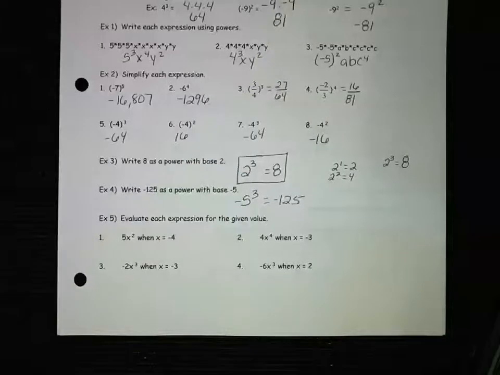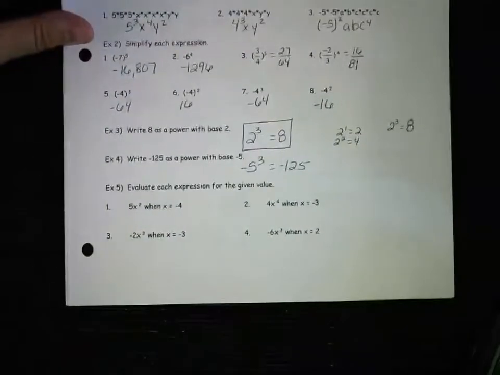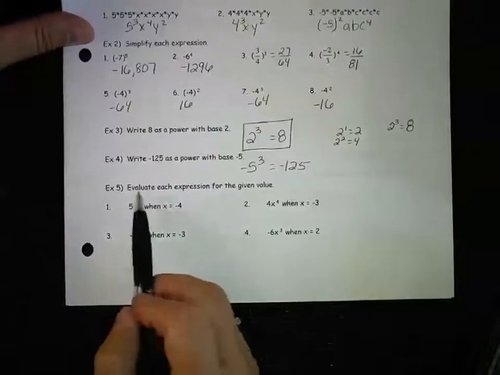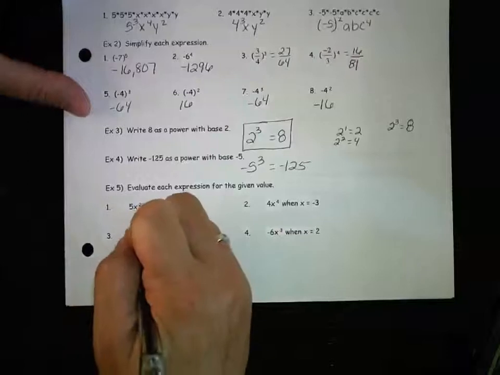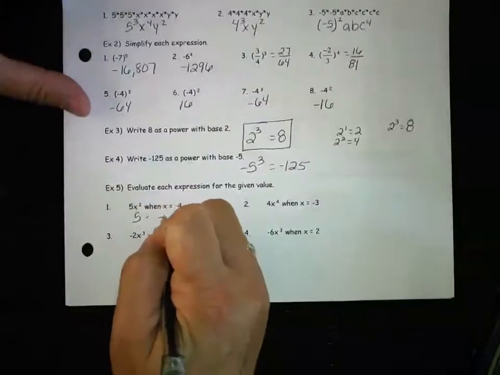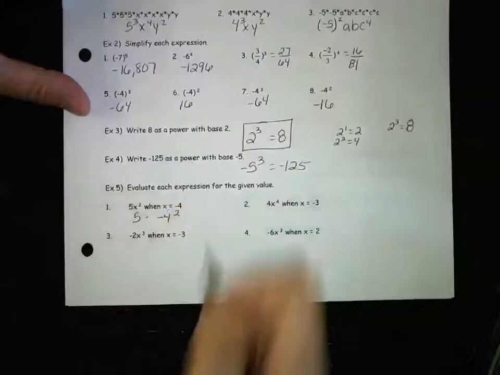Example 5 says evaluate each expression for the given value. And I will tell you that students have a tendency to get this one wrong on the test. This is 5 times -4 squared.